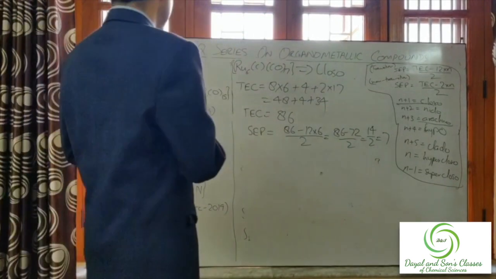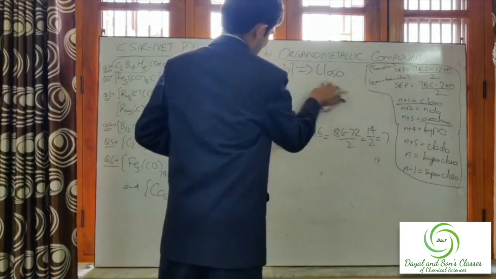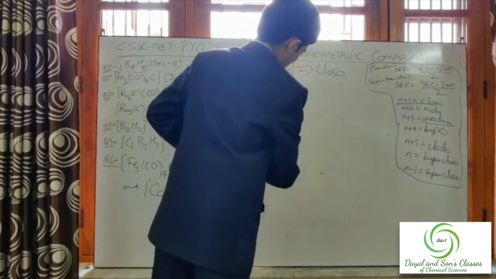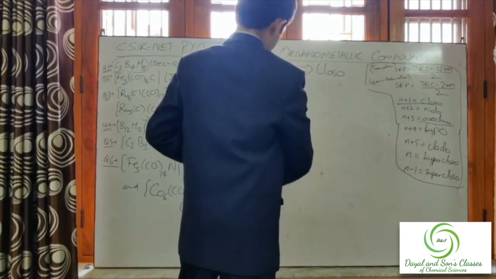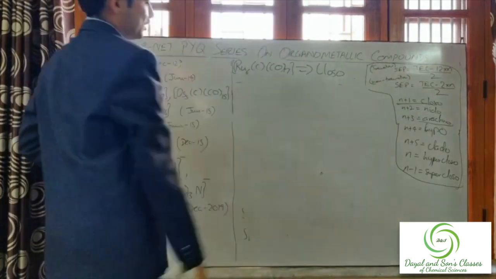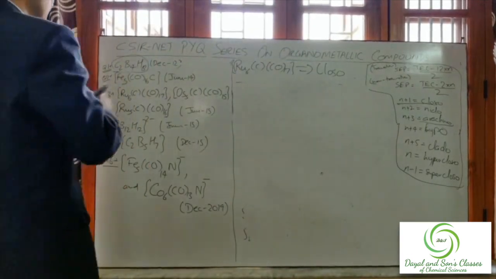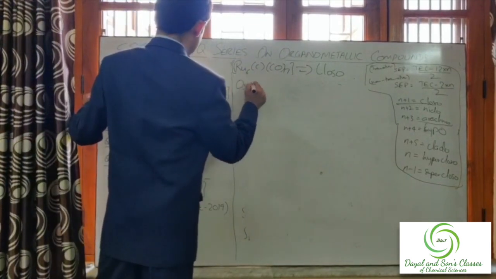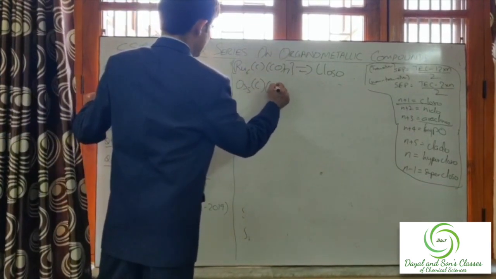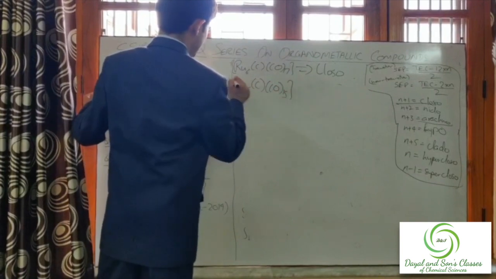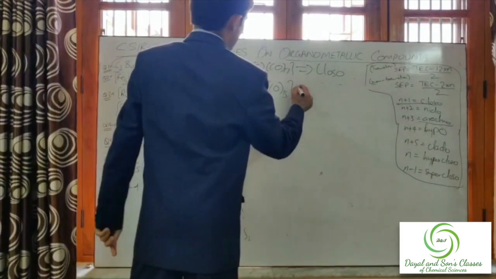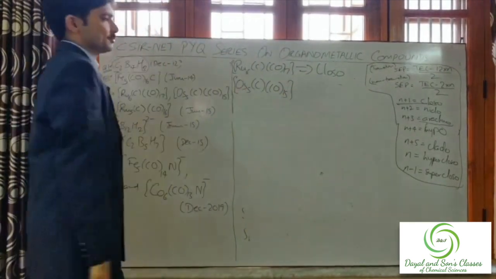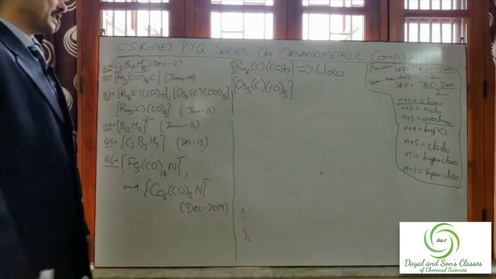Now let's take the second one. It says Os5C(CO)15. Now here osmium is again below ruthenium.